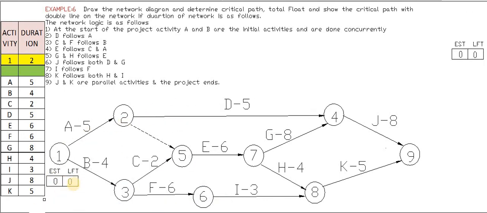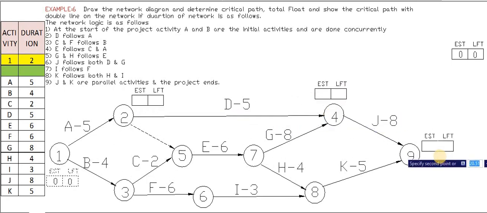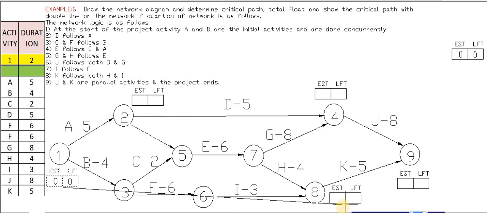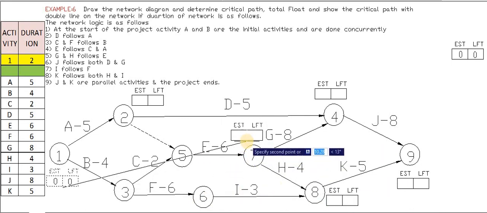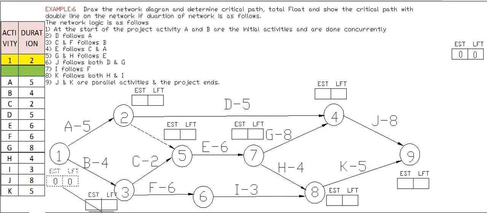So 0, 0 we have taken at the starting point, and I am copying this blank box for all these activities, for this also, and for this also.